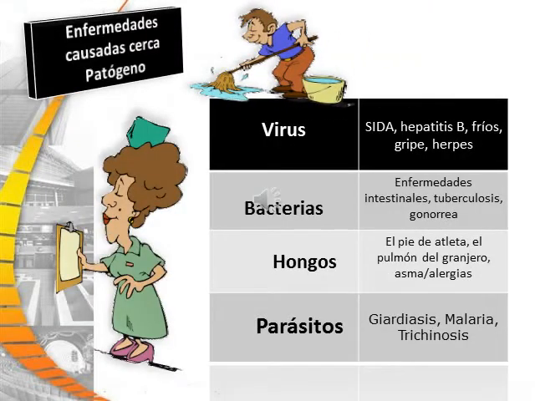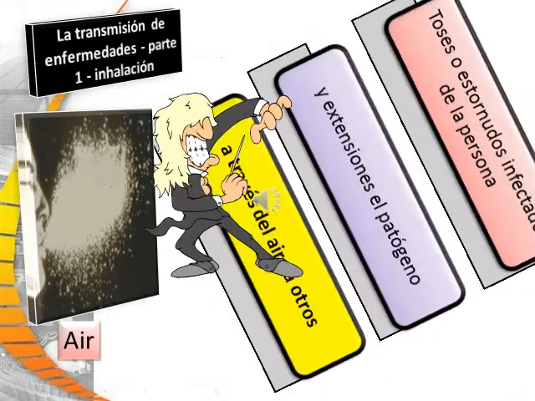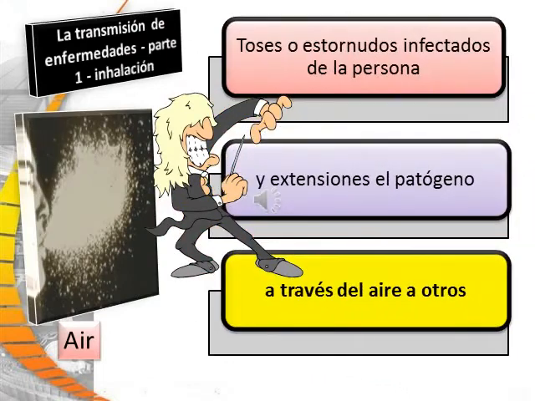Here we can see the various types of microorganisms and what they cause: viruses, bacteria, fungi, and parasites. Infected people sneeze or cough and spread the pathogen through the air to others when inhalation is used as a transmittal of disease.